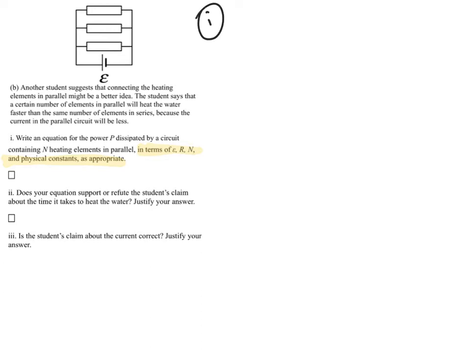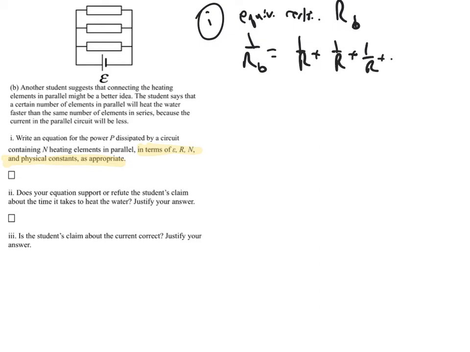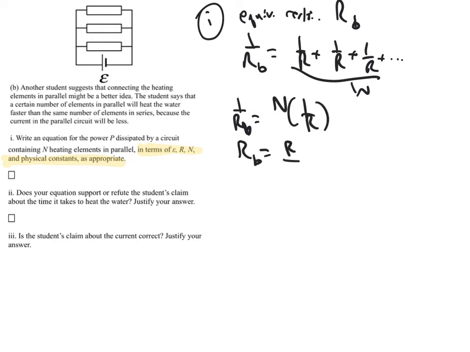So if we call the equivalent resistance RB, we know that 1 over RB is 1 over R plus 1 over R plus 1 over R, and we do this N times, so 1 over RB equals N times 1 over R, so RB equals R over N. That makes sense because, of course, remember, it's always less resistance in the parallel circuit than any individual resistor.